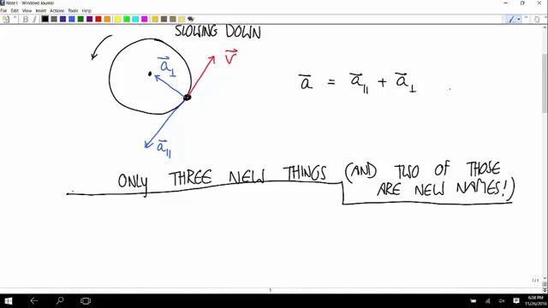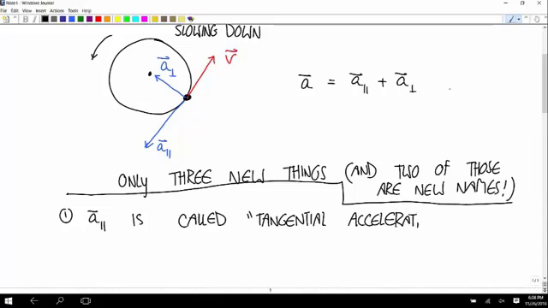Okay, so the first new thing is that a parallel, if the motion is circular, so if something's moving in a circular path, a parallel is going to be called the tangential acceleration. And I'll write it as a tan.